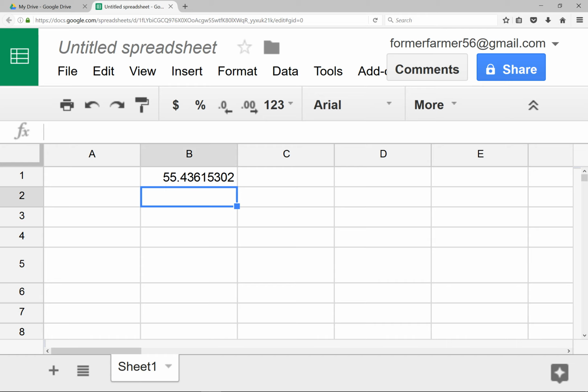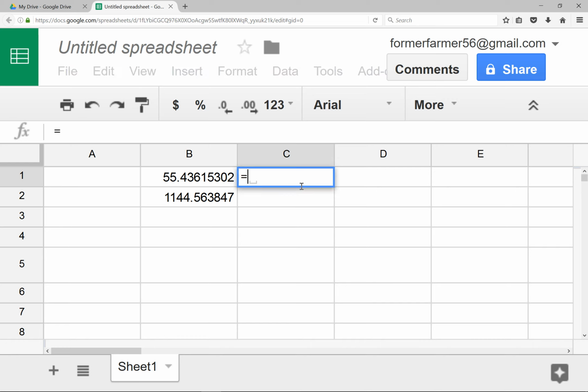So then a person would go equals 1200 minus that. And I suppose you put it there, equals 1200 plus that. And we're done. Again, it's just a matter of speeding the process up.